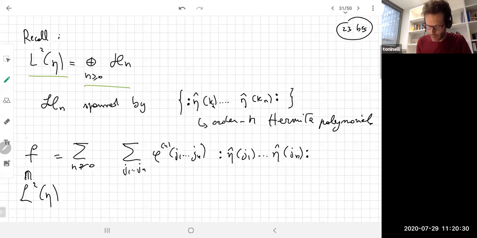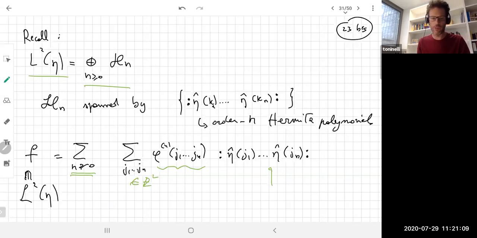And then every function f in L2 can be written first as a sum over the order of the chaos. And then once you fix that order n, you have a sum over the indices j1 up to jn, which run in Z2. These are simply the variables in the Fourier decomposition of a function. So you can view this as a kernel phi n of j1 up to jn, which has to be symmetric, because otherwise the antisymmetric part would anyway give no contribution, times this Hermite polynomial.